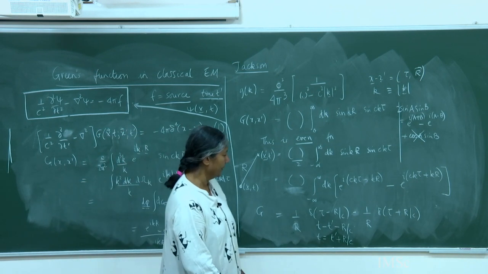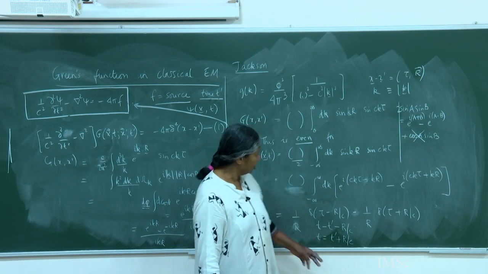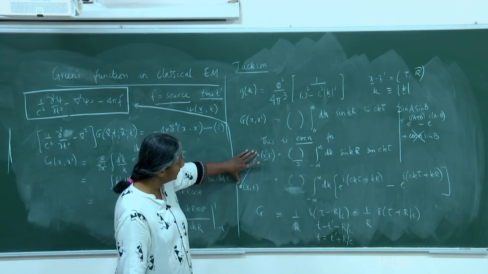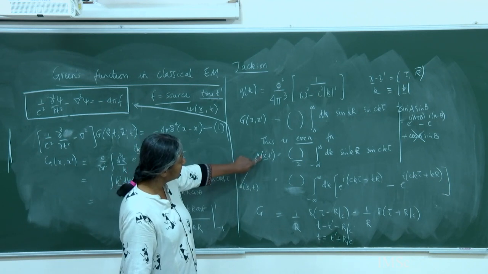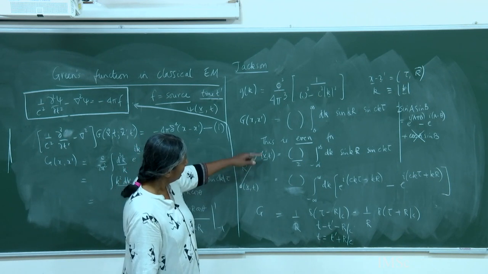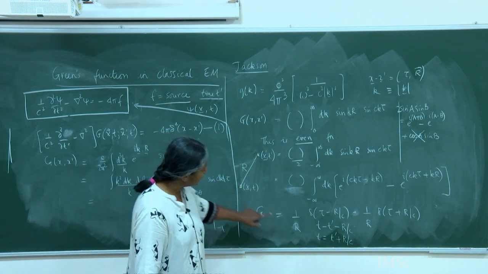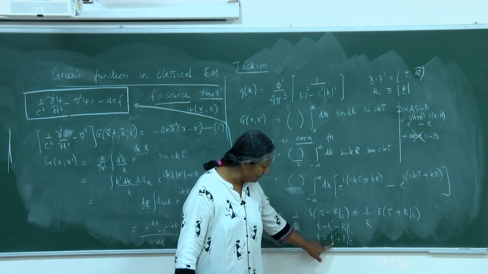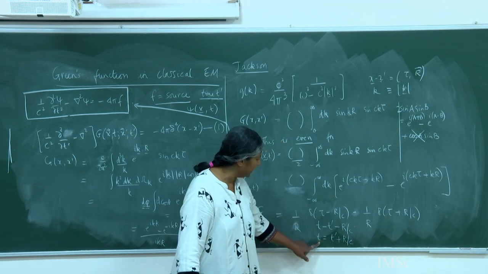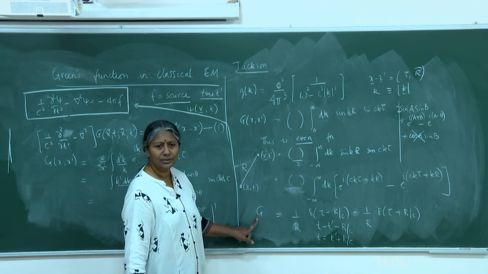And because this electromagnetic field moves at the velocity of light, c, r by c is the time taken for the disturbance due to the source, the wave front, to travel from here to here, and exactly that much time later, this quantity is the Green's function at that point.